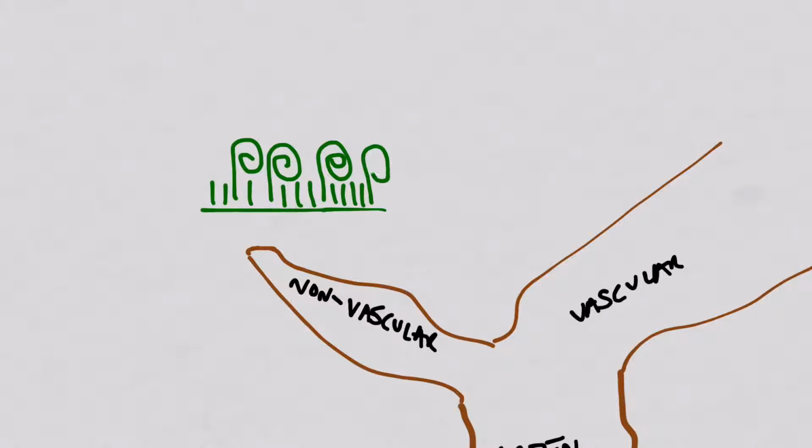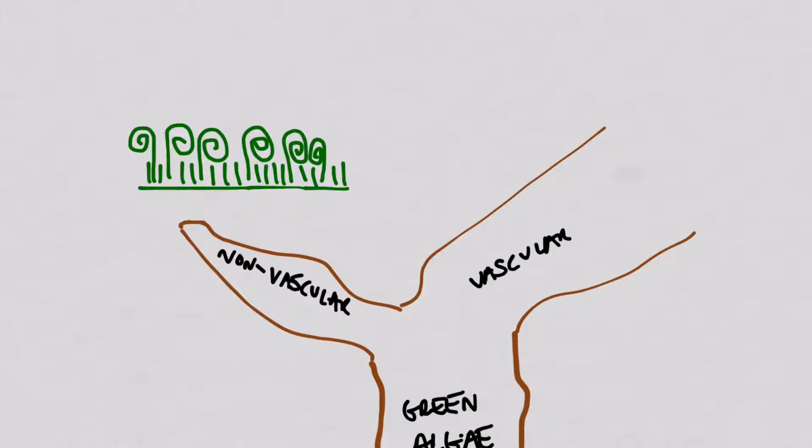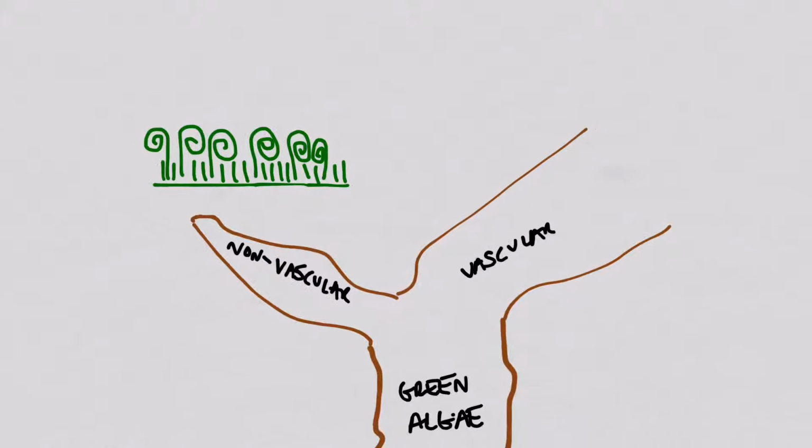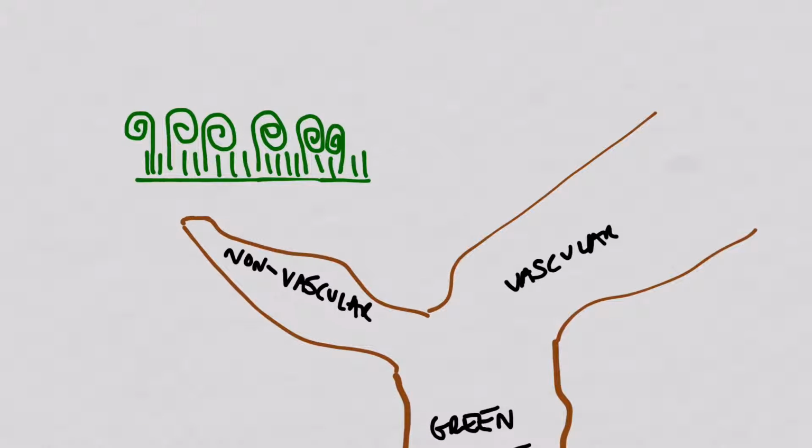Part of the reason why mosses are so low to the ground is because they do not have a way to transport nutrients around their body. They rely solely on osmosis for the movement of fluids around their tissues. And again, these are mosses.